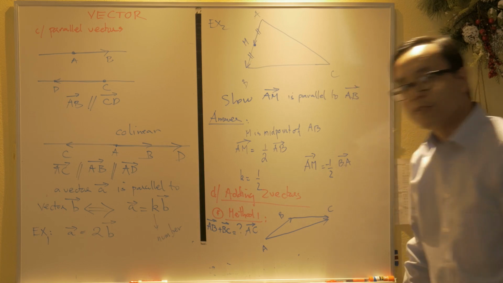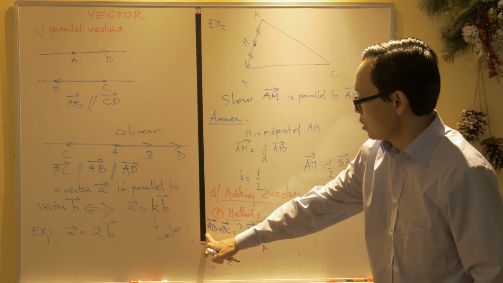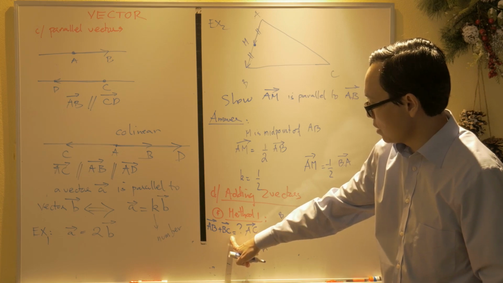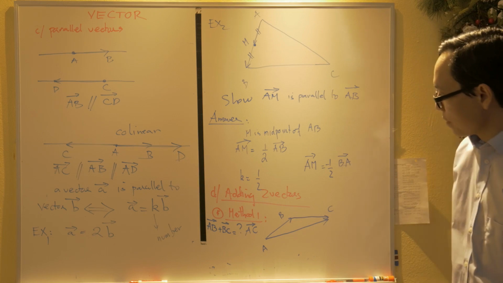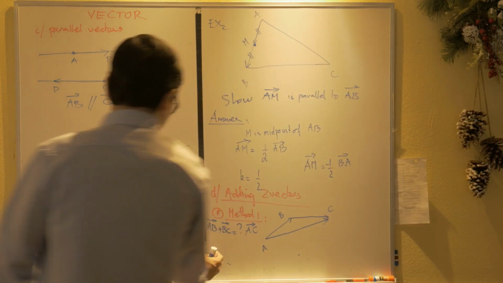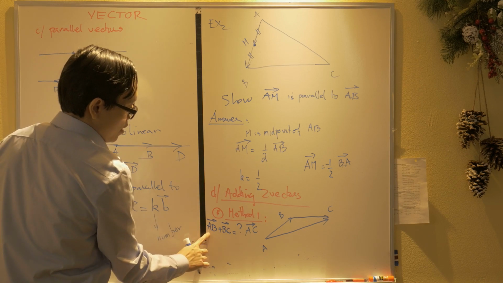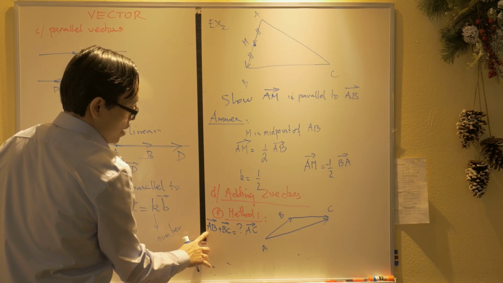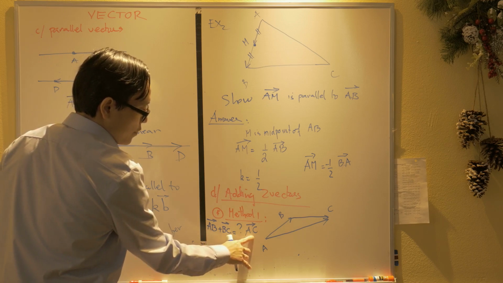Remember, it gives you vector AC, where A is the initial point and C is the terminal point. So basically you just erase the B over here, and you write A and C, the initial letter and the last letter. It will give you vector AC.